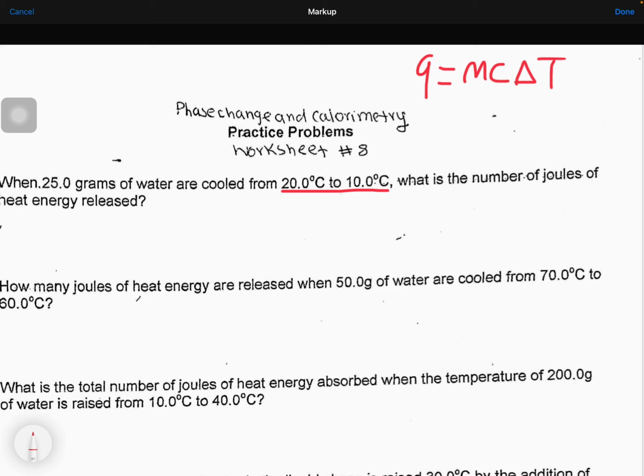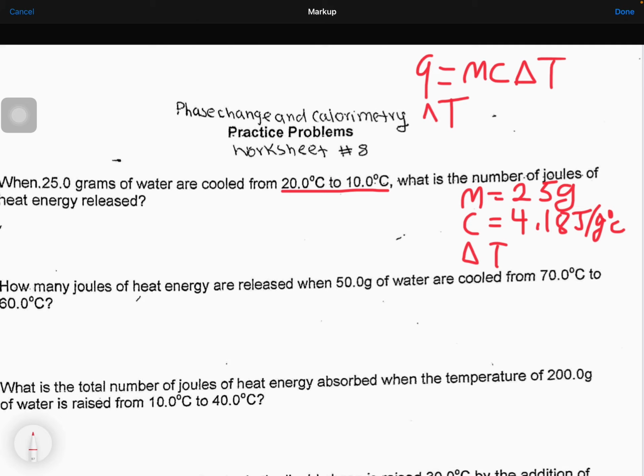We're given our mass, which is 25 grams. We're given our C always, which is found on Table B of the reference table, that's just 4.18 joules per gram degrees Celsius. And you're given your temperature change. To find your temperature change, remember delta T is equal to temperature 2 minus temperature 1.